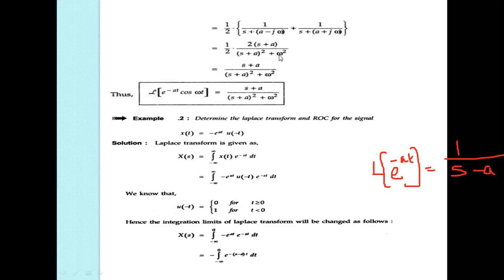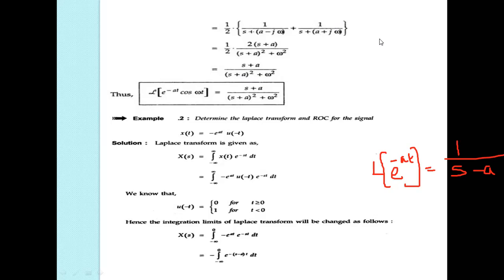Minus into minus again gives plus. In the numerator, s plus a plus j omega and s plus a minus j omega, so minus j omega and plus j omega get cancelled. In the numerator, we get 2 into s plus a. So the 2 gets cancelled, giving s plus a by s plus a whole square plus omega square.